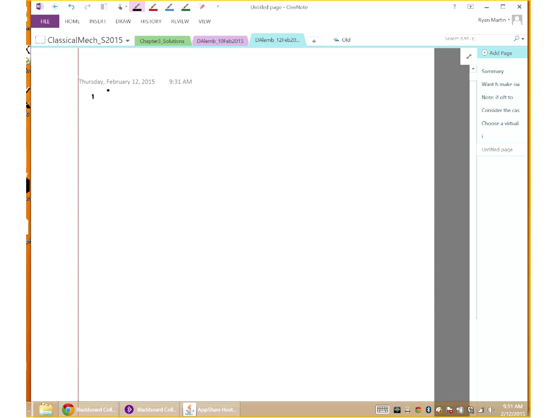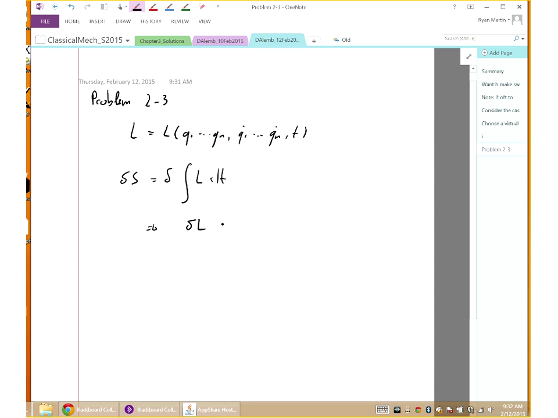So for problem 2-3, we have L is a function of Q1, Qn, Q1 dot, Qn dot, and T. So when we do delta S, which is delta of the integral of L dt, you're going to need a delta L term.